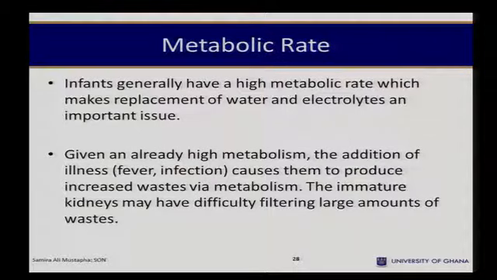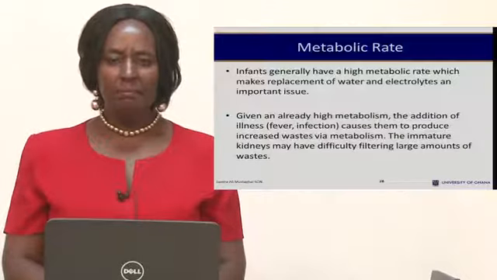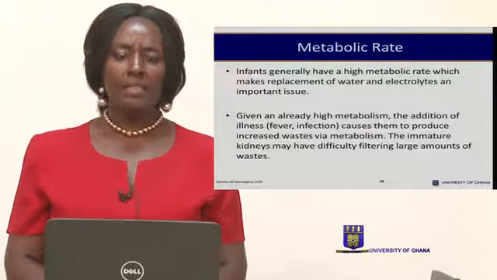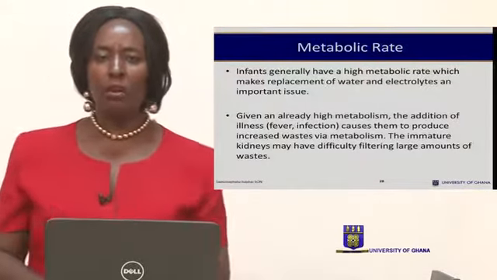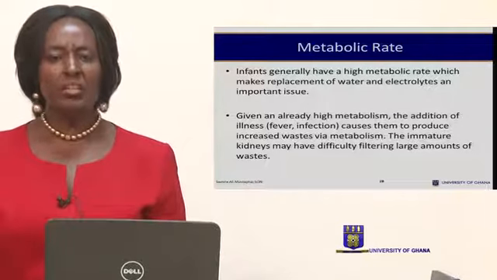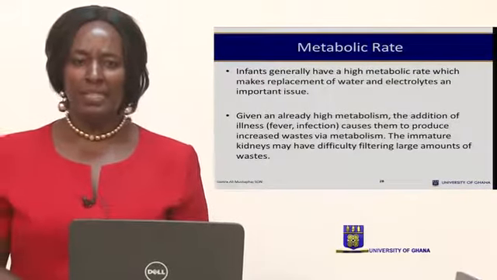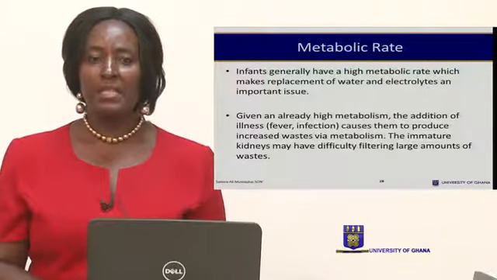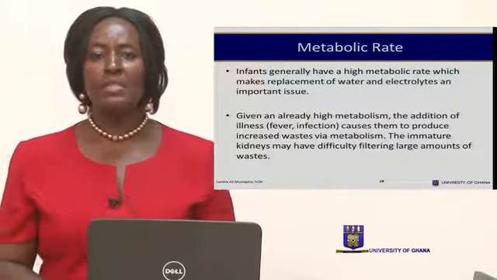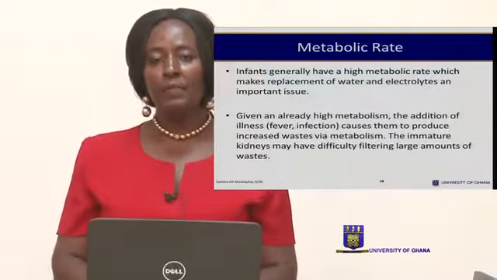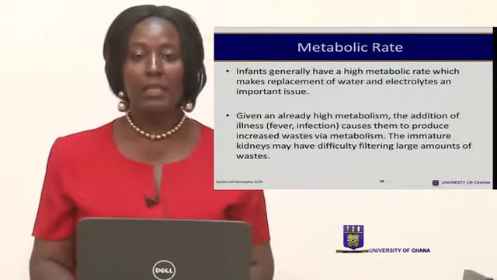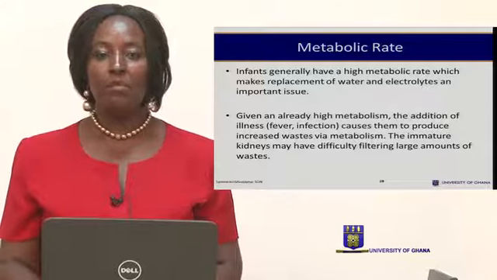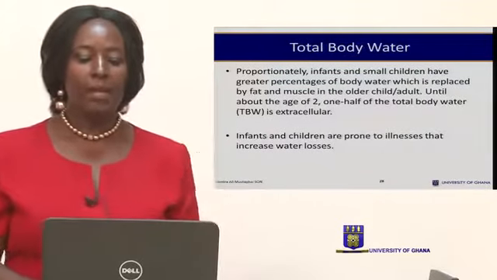Given an already high metabolism, in addition to illness like fever and infection, causes them to produce increased waste, because when the child has high fever, the heart rate increases, the respiratory rate increases, and all this goes with some insensible loss of fluid, and it also goes along with electrolytes, and large amount of waste is accumulated.